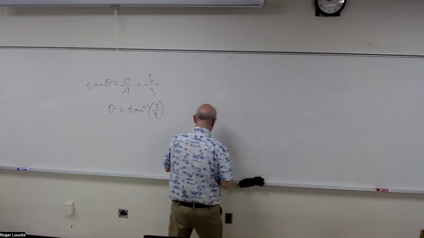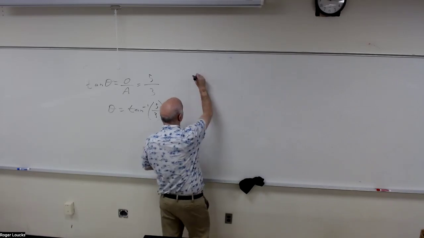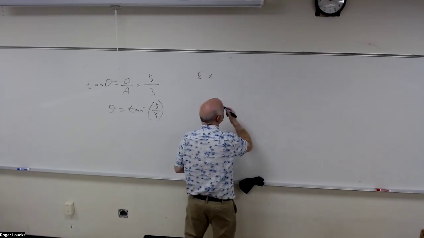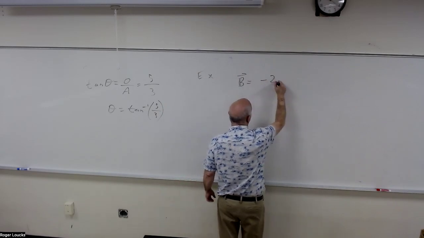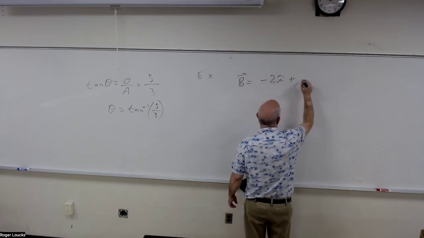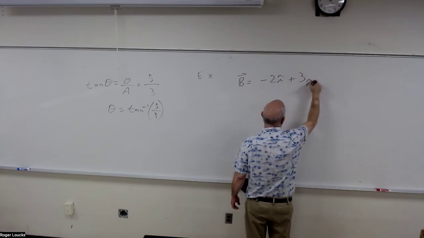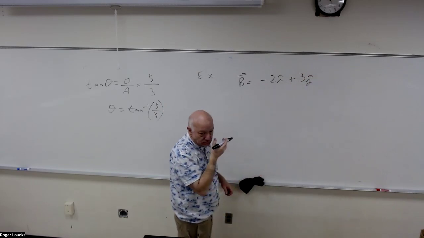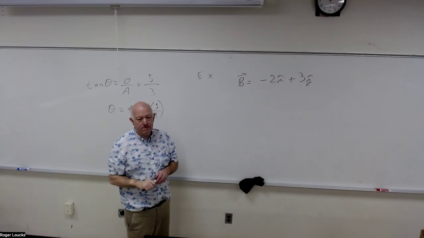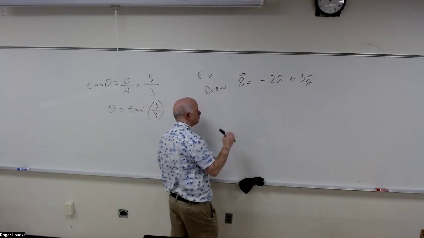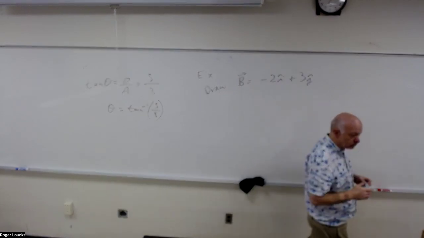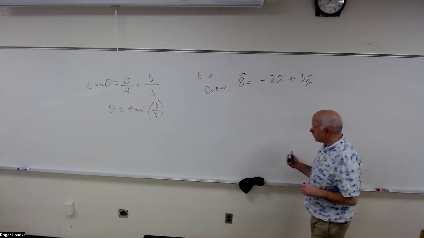Let's say I have vector B. This is minus 2 i hat plus 3 j hat. What is that? If I say draw it now.